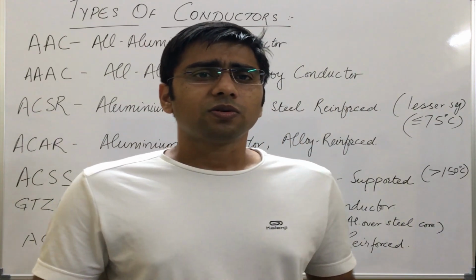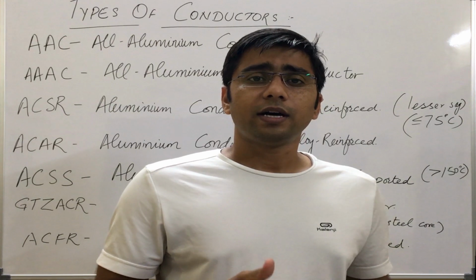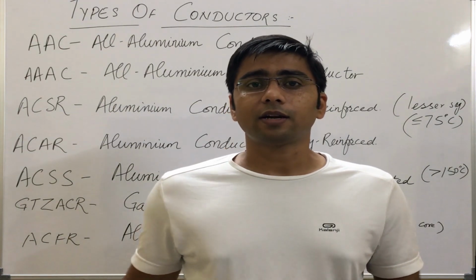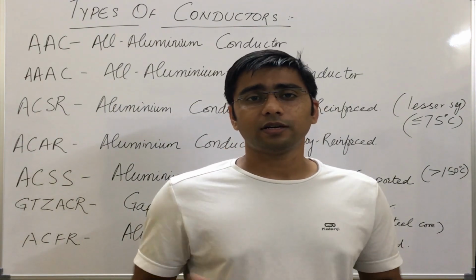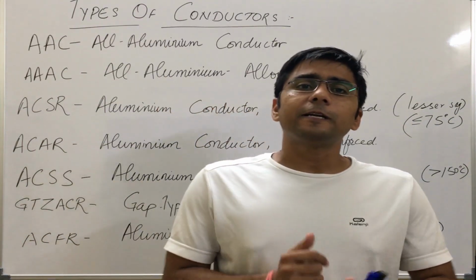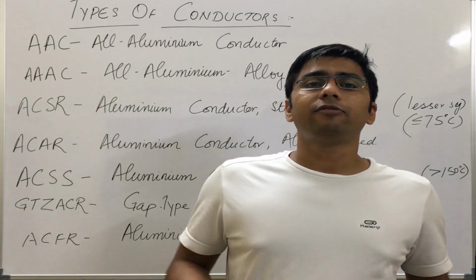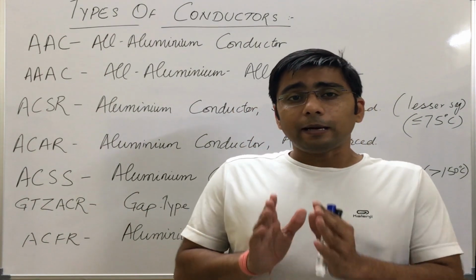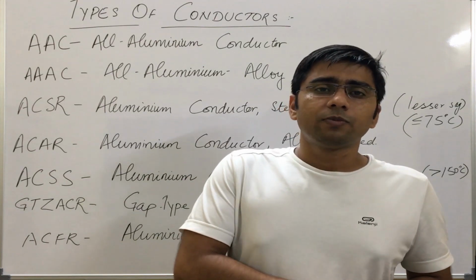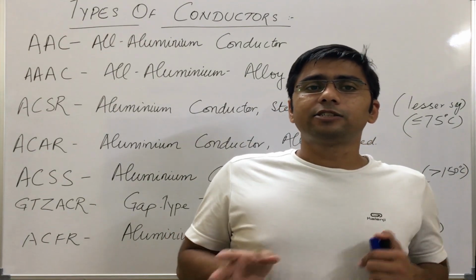This causes loss also. This corona also causes interference in other communication lines if they are going beside the transmission line. But as we increase the cross section area of the conductor, or rather the diameter of the conductor, the effect of corona is reduced. The potential gradient over the periphery of the conductor gets reduced.